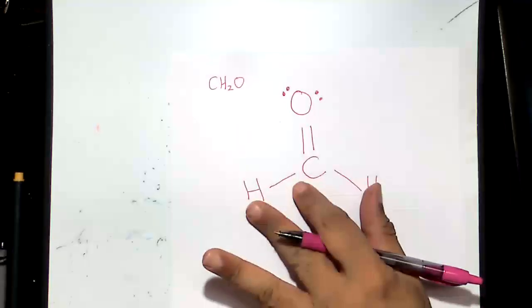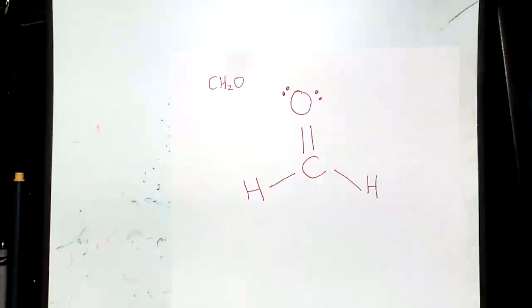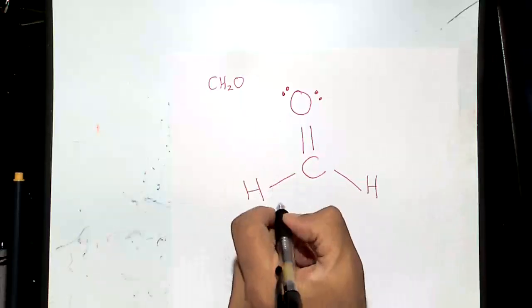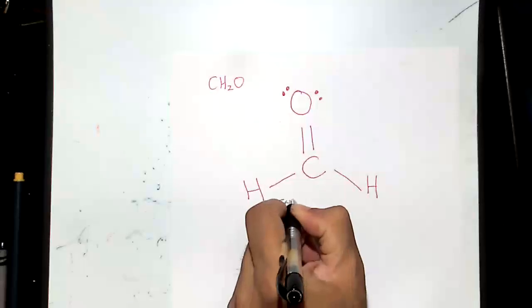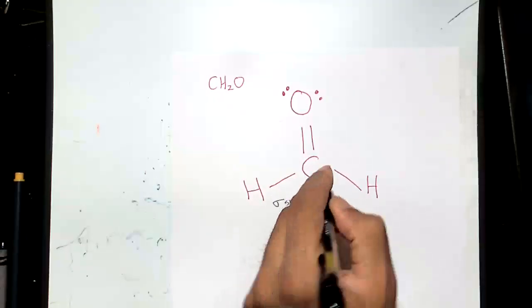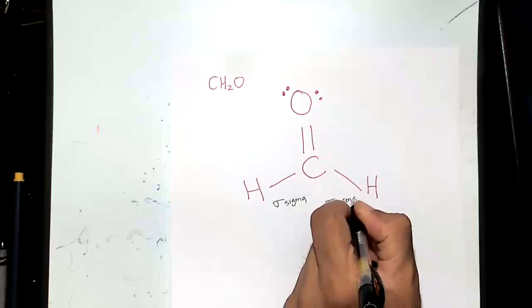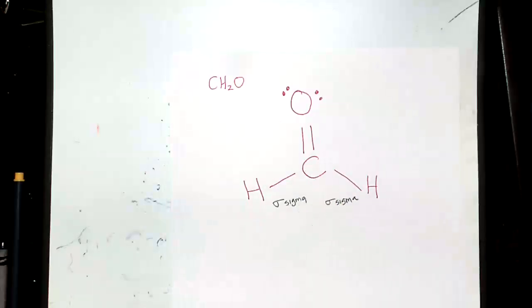All right, let's first focus on this single bond. This is a single bond. It's also known as sigma. Okay, same thing with this one. It's also known as sigma. And it constitutes an overlap of an s orbital. An s orbital looks like a sphere.